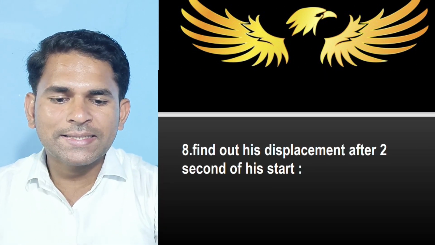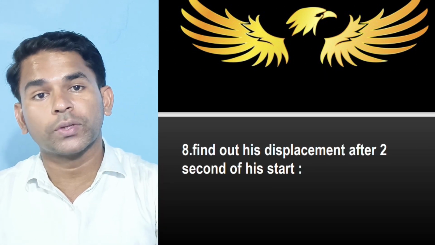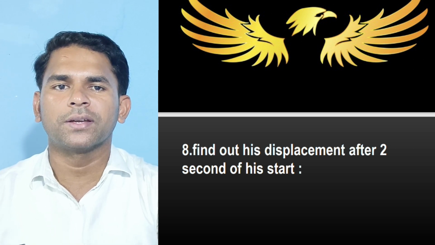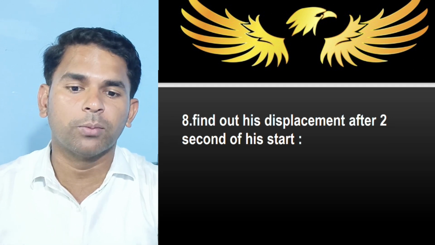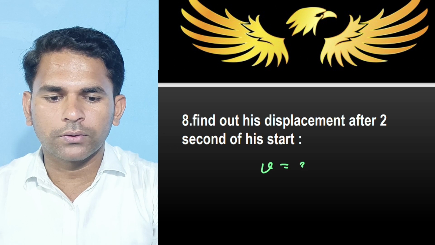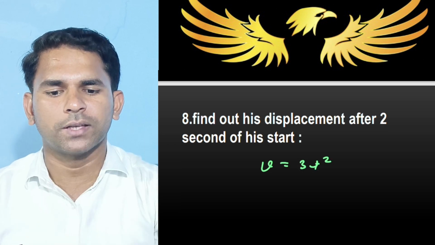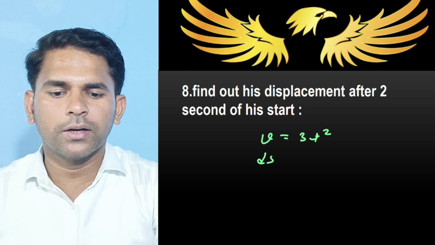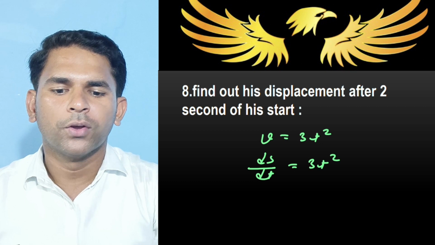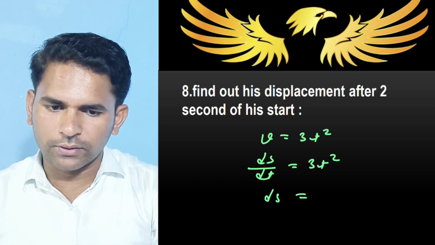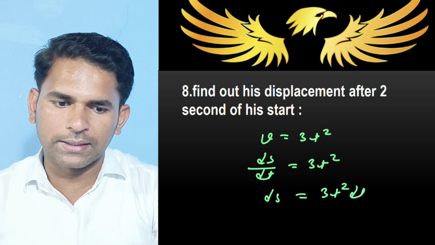Find out his displacement after 2 seconds. Displacement is asked. Listen carefully, this is very important. The velocity is given as 3t square, and displacement is asked, which is the opposite. So we can write ds over dt is equal to 3t square, so ds is equal to 3t square dt.